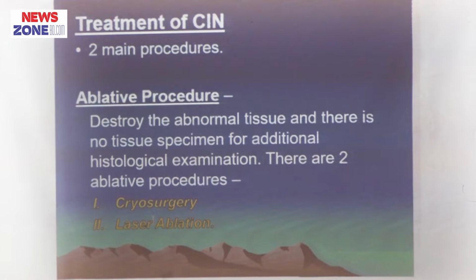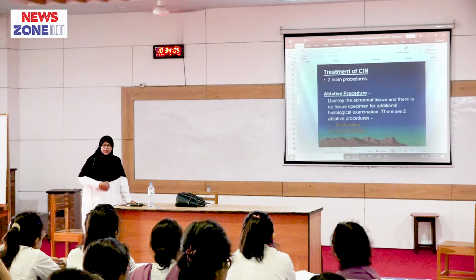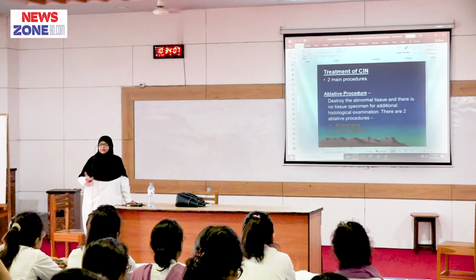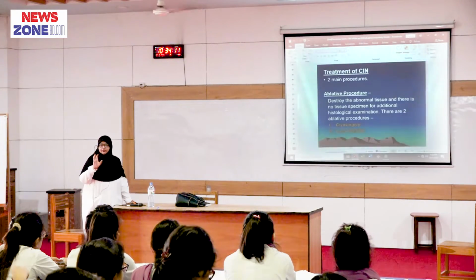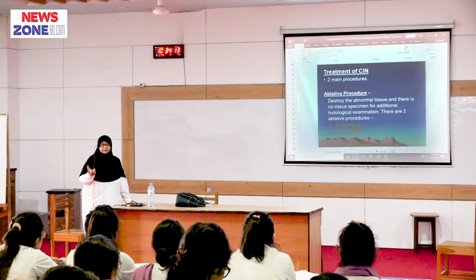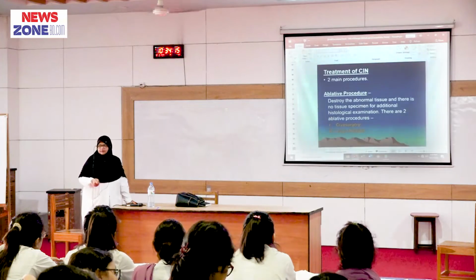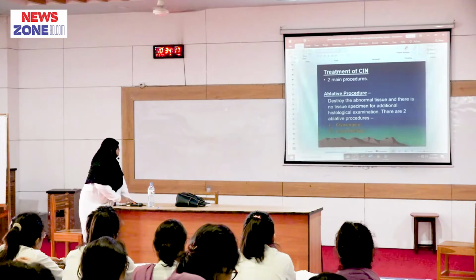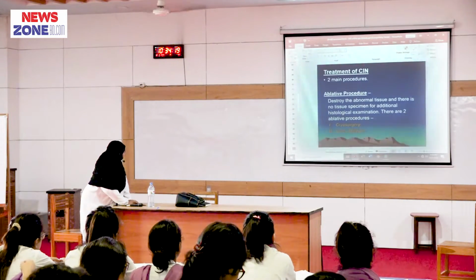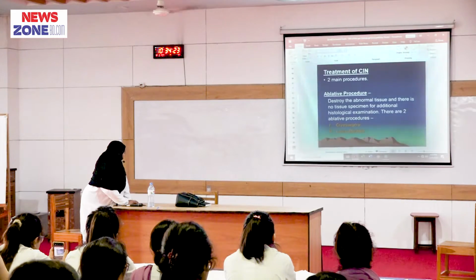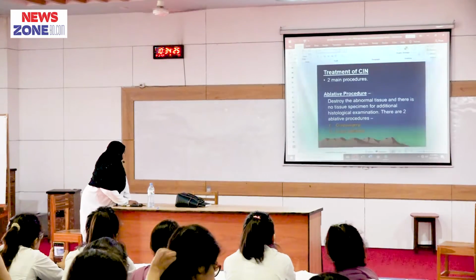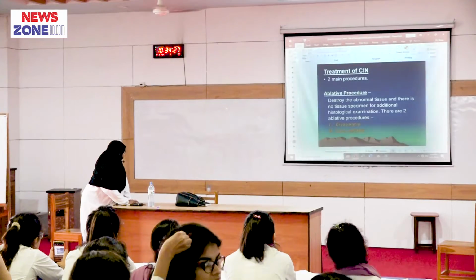We need to destroy these changes. How can we destroy them? By applying heat coagulation, by freezing with ice, or we can cut them out. So the methods are cryosurgery and laser ablation. If we diagnose earlier by screening, we can manage it.